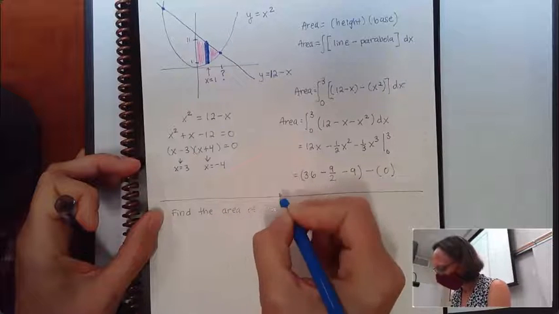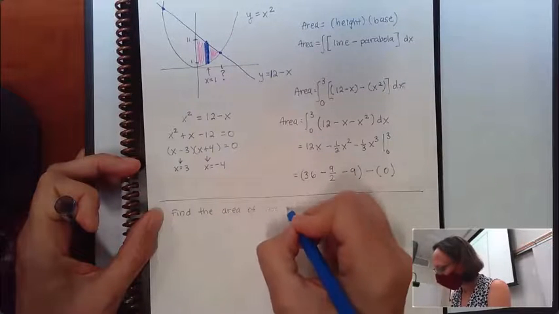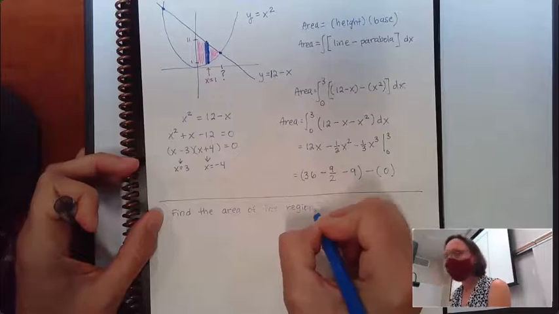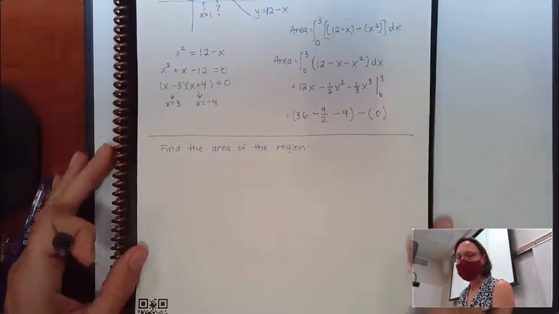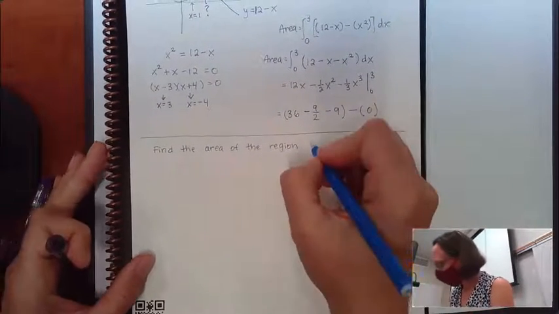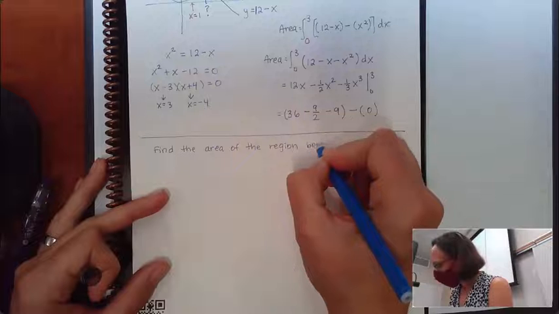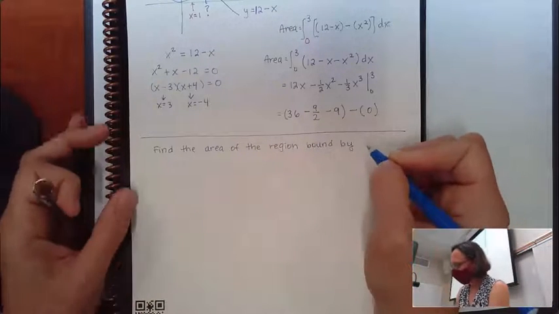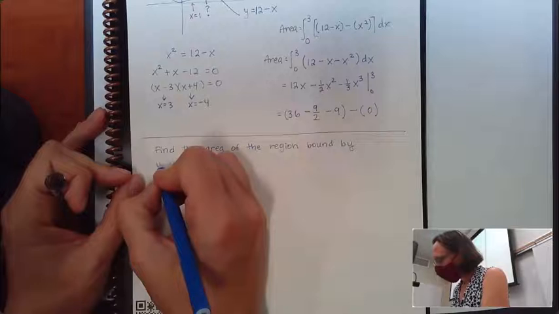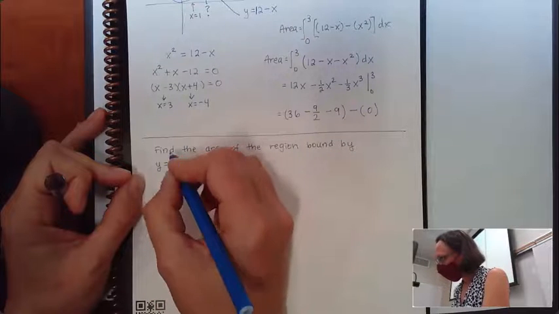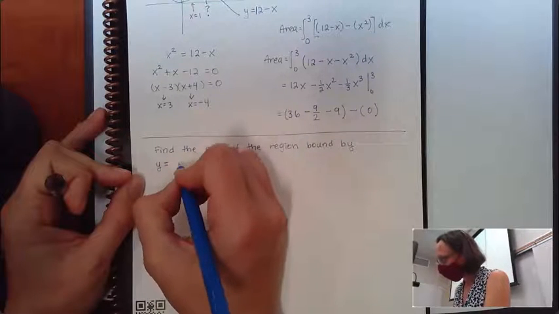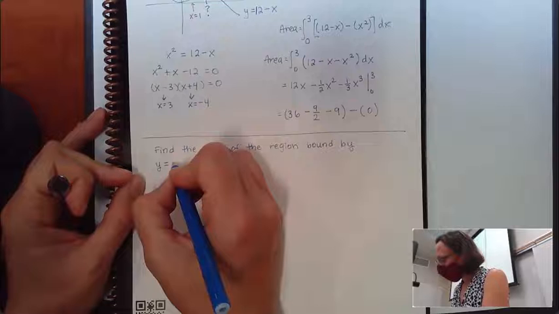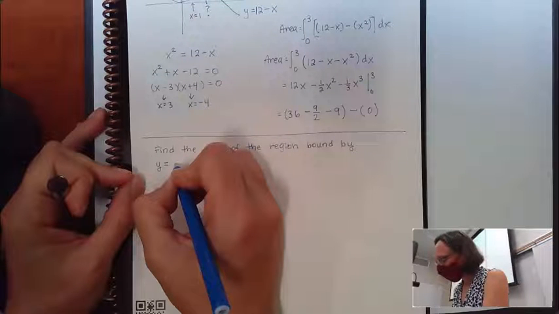Find the area of the region found by y equals x squared minus 3x and y equals x plus 5.